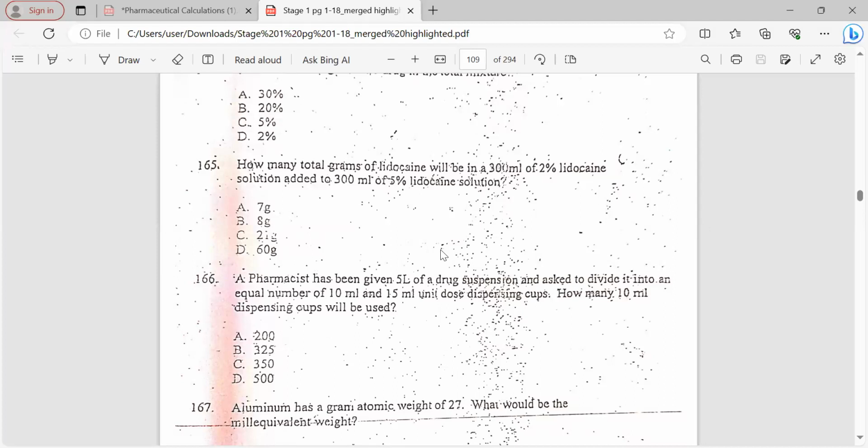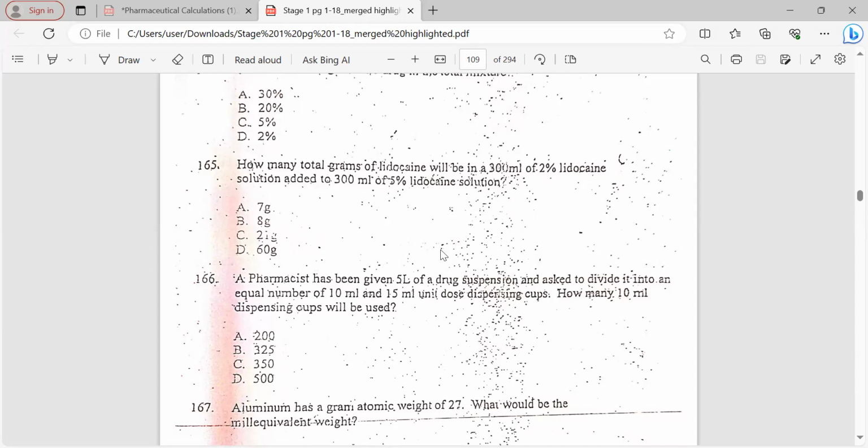Hebu kindly repeat. Yangu ilikuwa imelopa. So we're saying for the first part, 300 ml of 2% lidocaine. So 2% ni kumaanisha 2 grams in 100 ml. So in 300 ml, definitely tutakuwa na 6 grams.